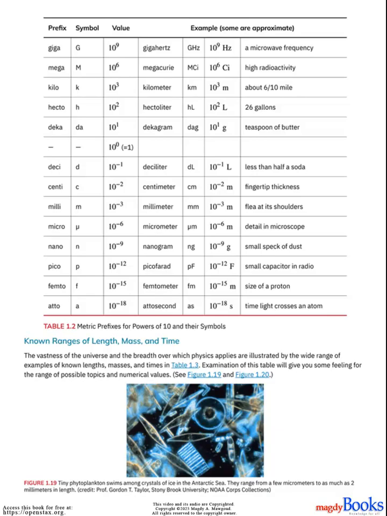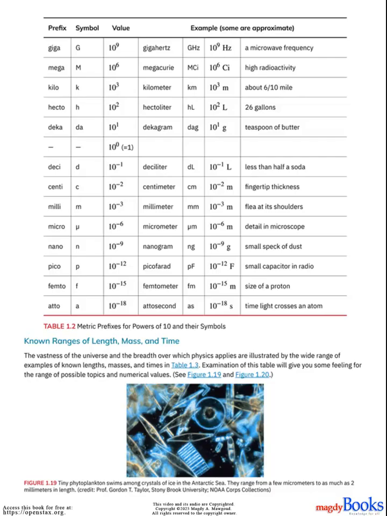Symbol: da. Value: 10 to the power of 1. Example: decagram, dag, 10 to the power of 1 gram. Teaspoon of butter. 10 to the power of 0 equals 1.